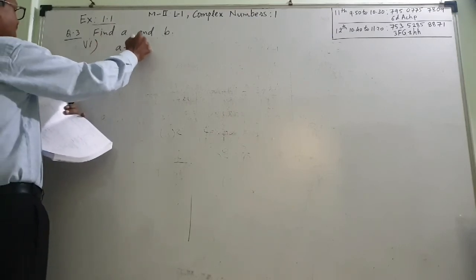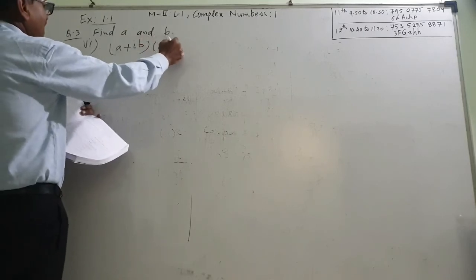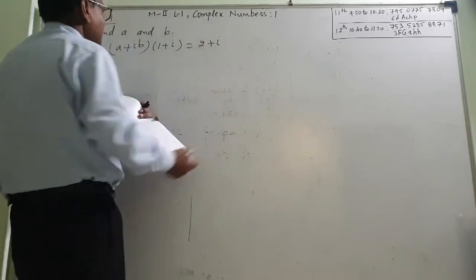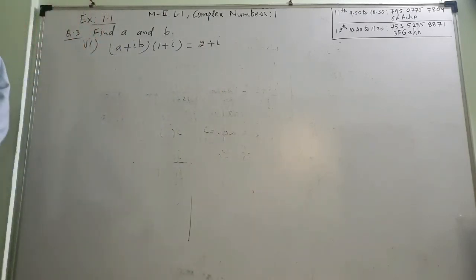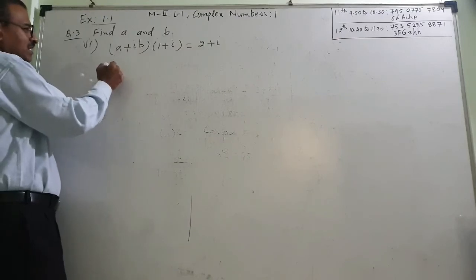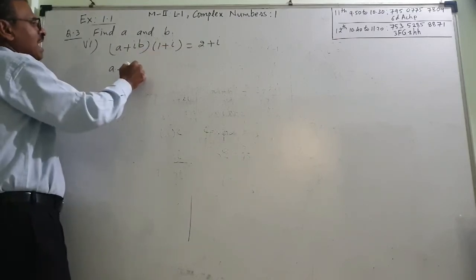(a plus ib) into another bracket (1 plus i) is equal to 2 plus i. Here I have to just multiply. That's it. a into 1 is a, plus a into i, ai.